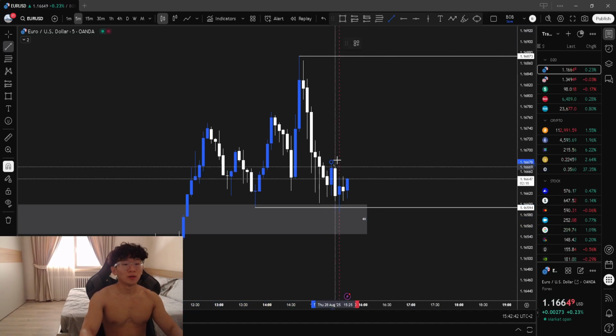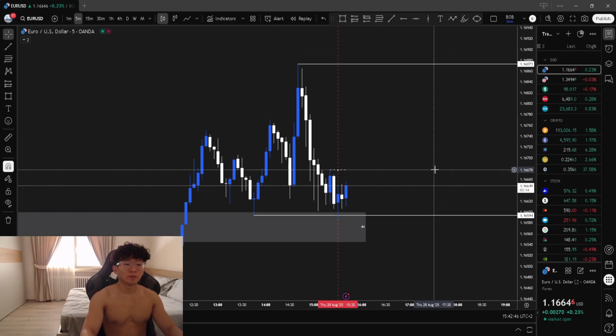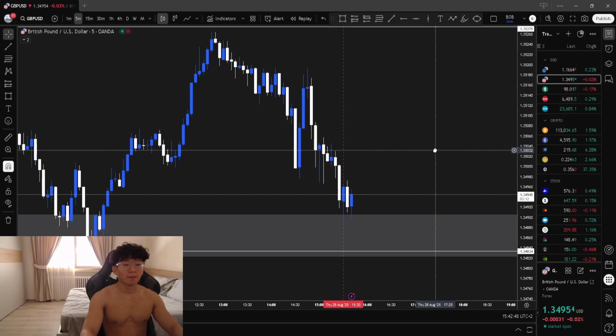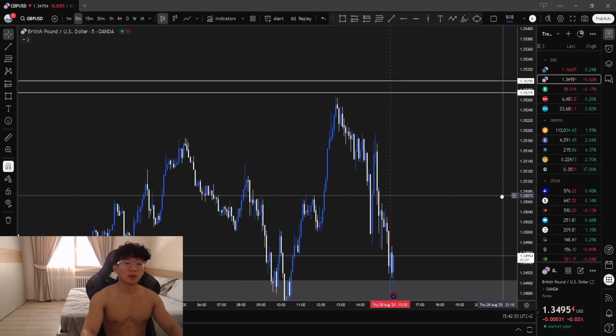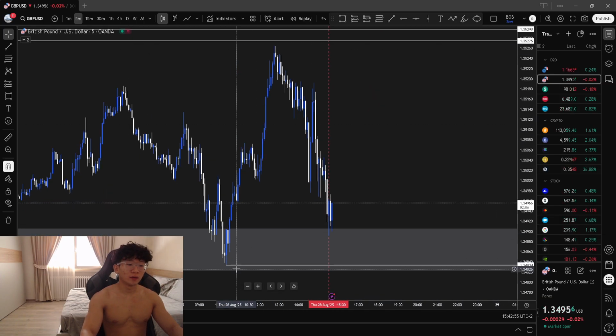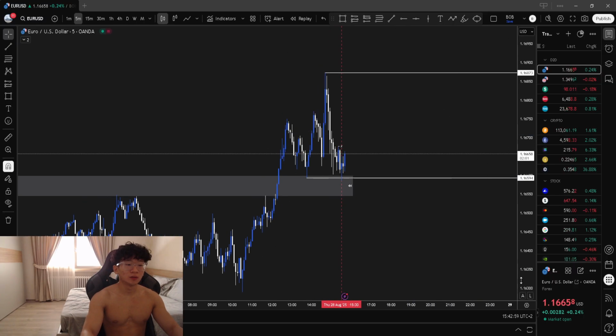So now we're waiting for a change of character on Euro USD, and maybe even on GBP USD, because even though we haven't hit the full liquidity sweep here, we have it on Euro USD, so it's all good.